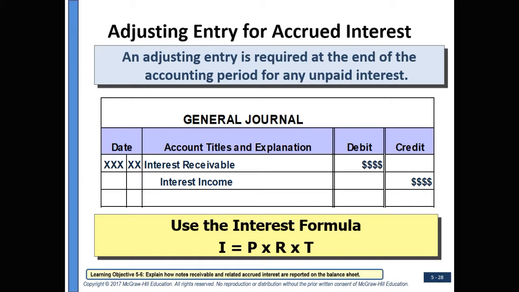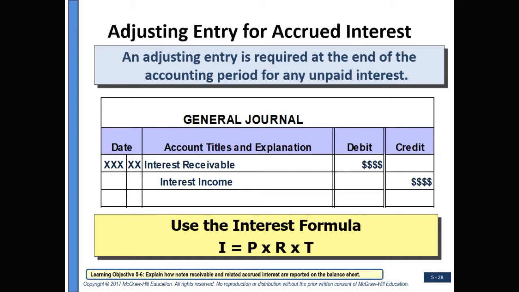So for example, if you had $100,000 at 2% interest for 1 month, it would be 100,000 multiplied by 2% multiplied by 1 out of 12. That's your time, 1 month out of 12, because interest is quoted in annual percentage rate.